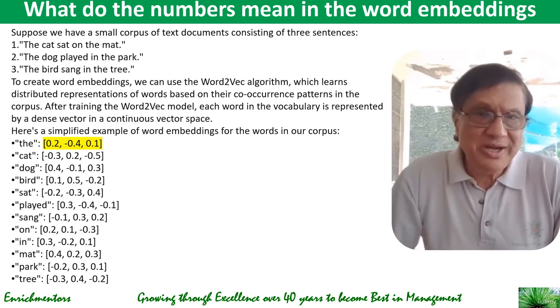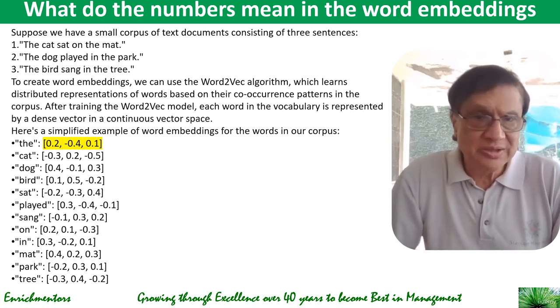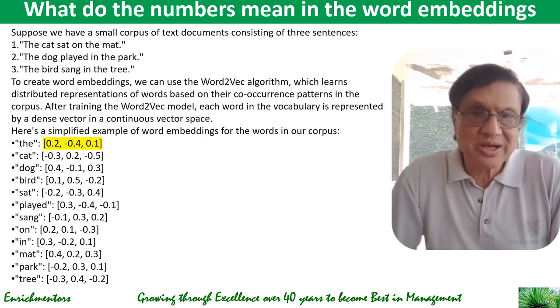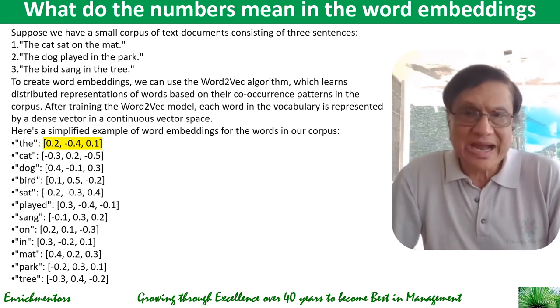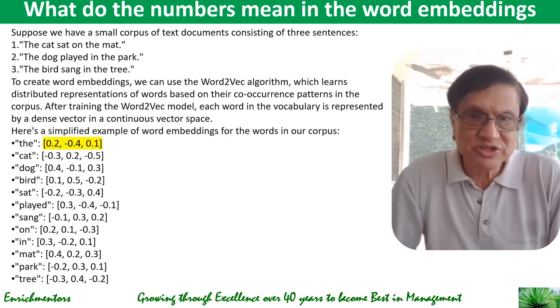So each element in the vector, the numbers in the brackets, captures a semantic feature which conveys an aspect of a word's meaning. So it's all about meaning.